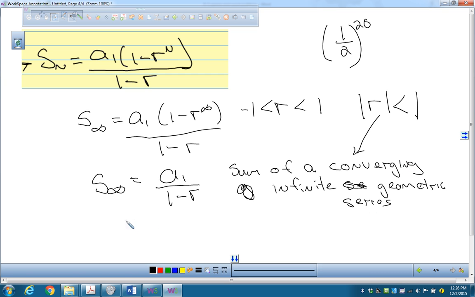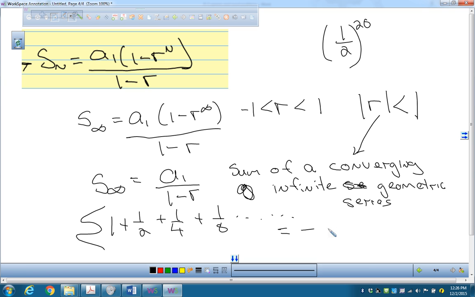So if I have something like 1 plus 1/2 plus 1/4 plus 1/8, dot, dot, dot, what do you think the sum's going to be? Not 1, 2, right? What's a sub 1 in this case? 1.